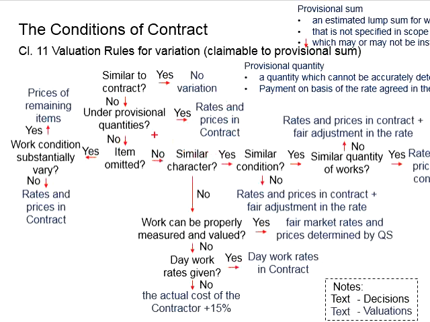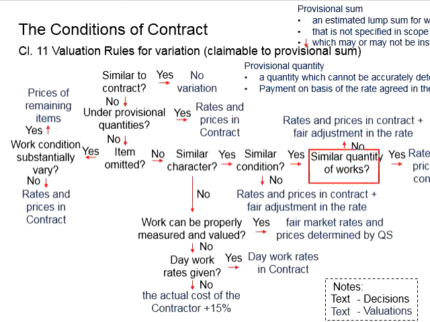We will take the works which have similar character as a guide, and then we will evaluate whether the conditions are similar. If the conditions are similar, the valuations will be more straightforward, and we will see whether the quantities of the works are similar.